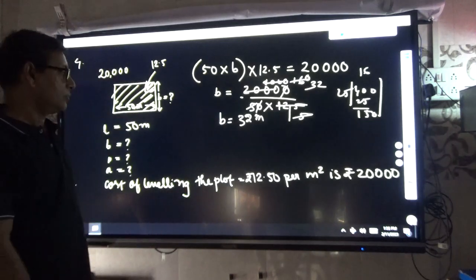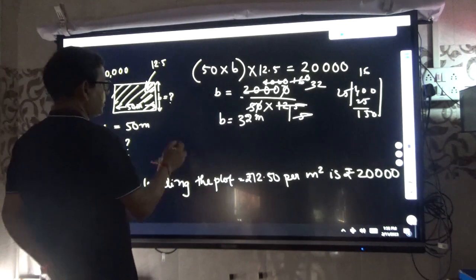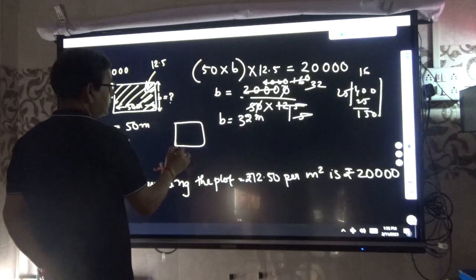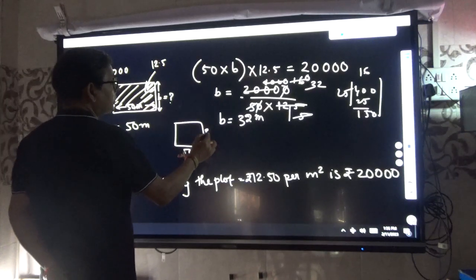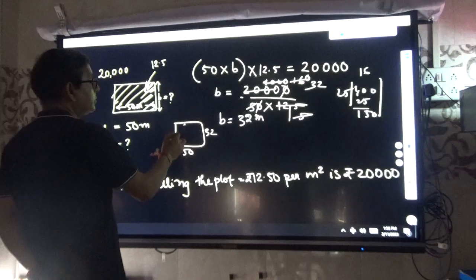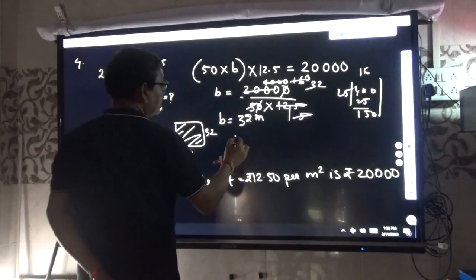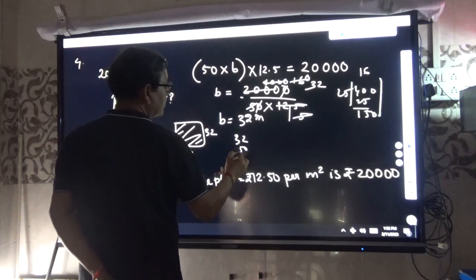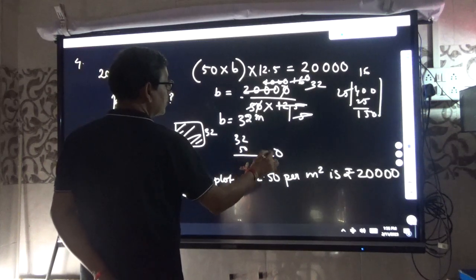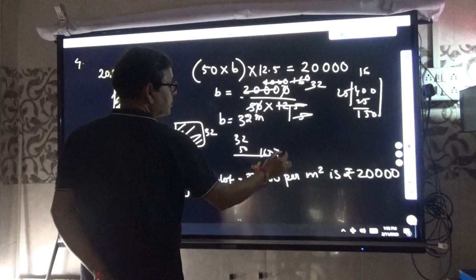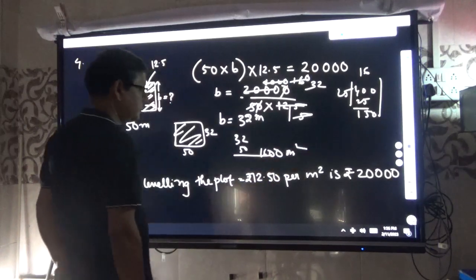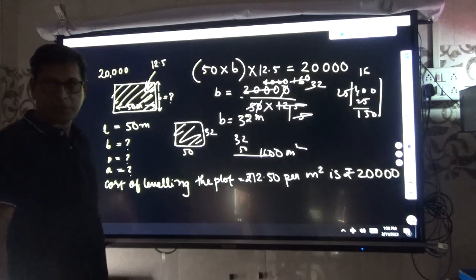So whether our answer is correct or not, let us see. This is 50, this is 32. So what is the total area? 32 into 50. 1600 meter square is the total area.